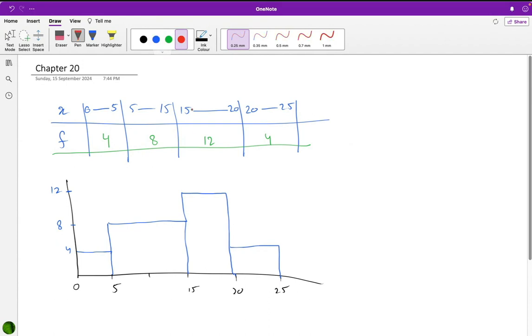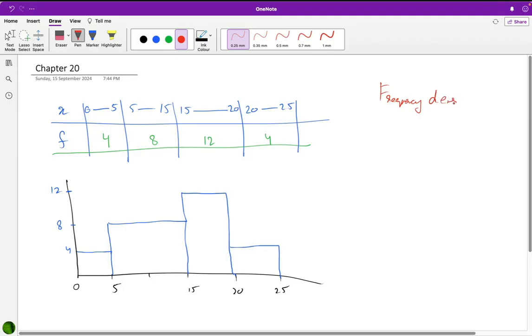Now we are going to do frequency density. Frequency density is frequency divided by class width. I'm writing class width for myself on this same table. Class width is 5, this is 10, this is 5, this is 5.